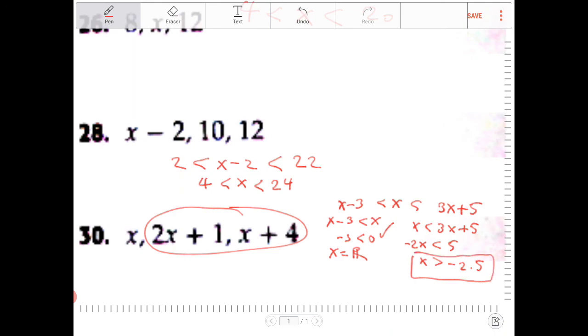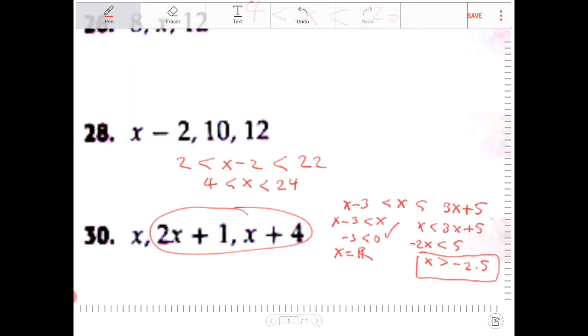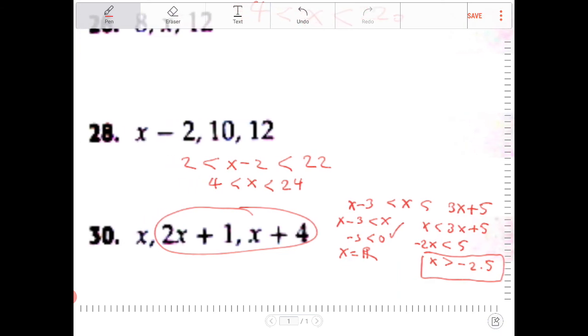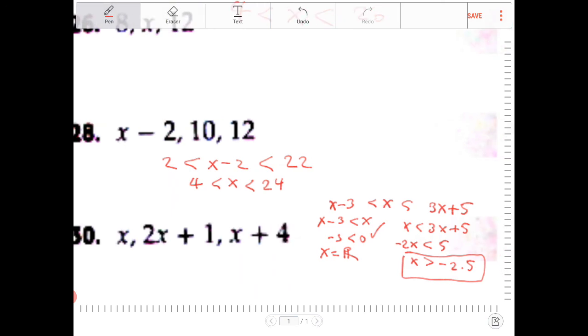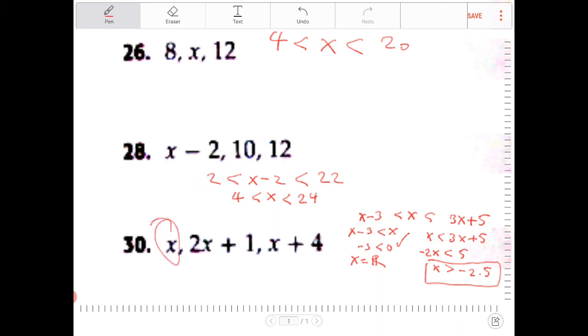Which one will actually satisfy everything? Well, it has to be greater than negative 2.5. Anything lower than that will not work. Let's try substituting in negative 1. Or actually, we can't have negative 1 here because this side here is only x, so I cannot have anything below 0.